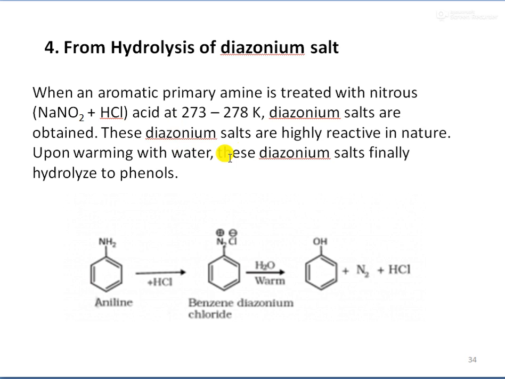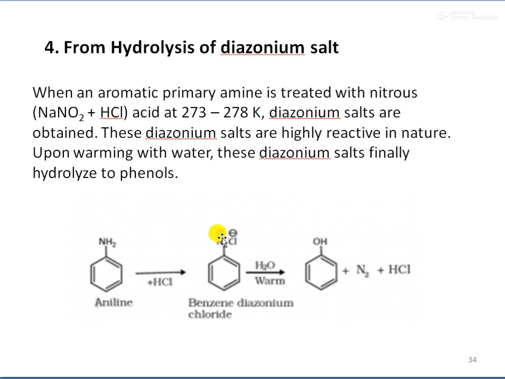Then we discussed the preparation of phenols from diazonium salts. For this, benzene is first converted to aniline, and this aniline is treated with nitrous acid, that is NaNO2 and HCl, at very low temperature, and this will give the diazonium salt. Here there are two nitrogens, so the N will acquire a positive charge.